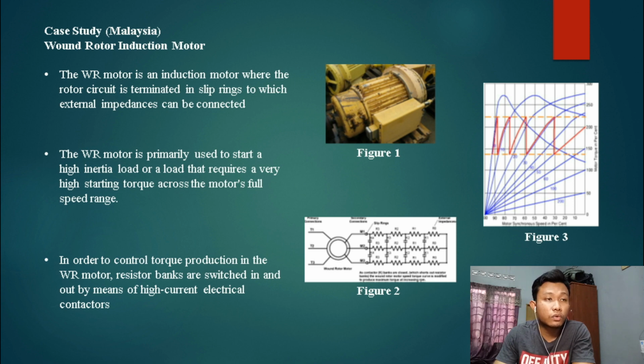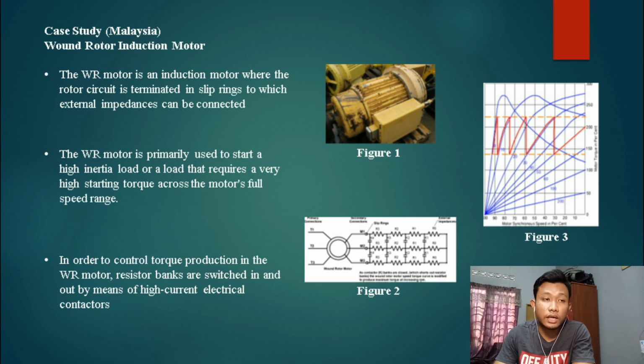The sawtooth-like waveform is the torque profile produced by the shorting of resistor banks by the controller as the load is accelerated from zero speed on the far right of the curve to the leftmost portion, which is the slip speed of the motor.